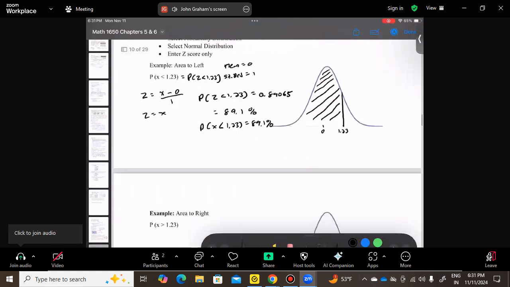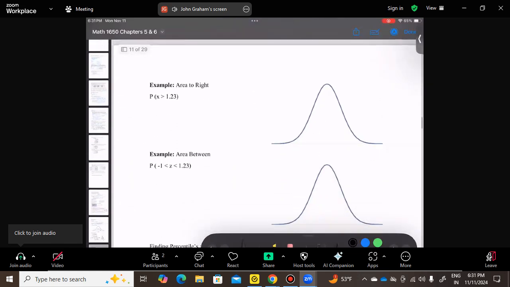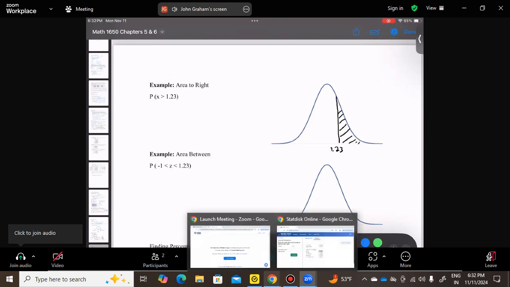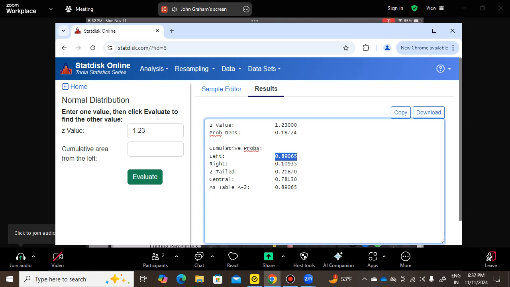Now, what if we wanted the probability of greater than 1.23? We are looking at the area to the right. We can come back here, and it gives us the area to the right.